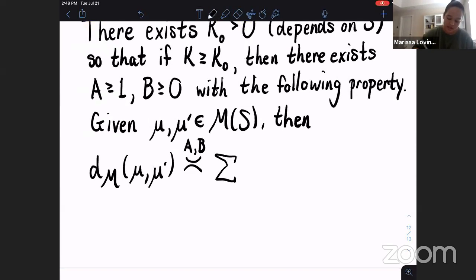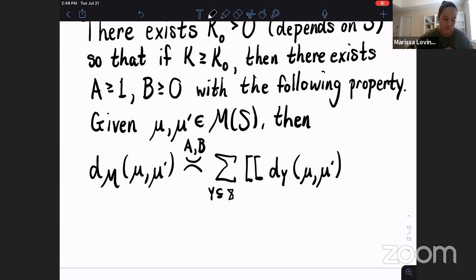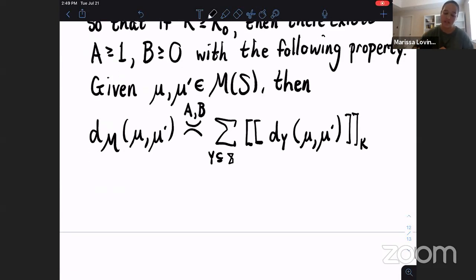This is coarsely equivalent to the sum over Y in S of the distance between U and U prime, sub k. So what is this? This takes a little bit of unpacking.